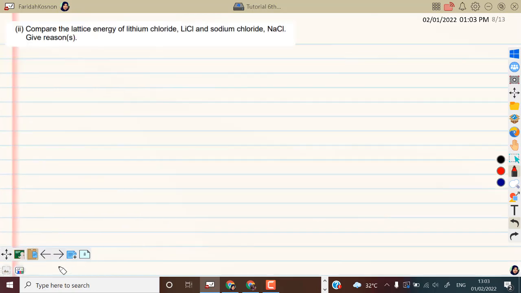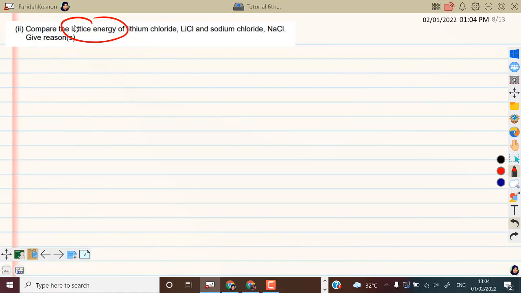Okay, so now compare the lattice energy of lithium chloride and sodium chloride. Okay, give reason. Okay, jadi sekarang bila kita nak discuss tentang lattice energy, sama ada lithium chloride ataupun sodium chloride yang lebih besar atau lebih kecil, ikutlah kita nak bincang macam mana pun.